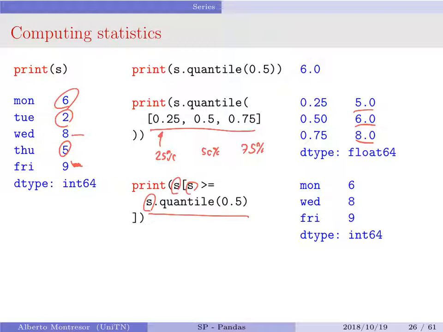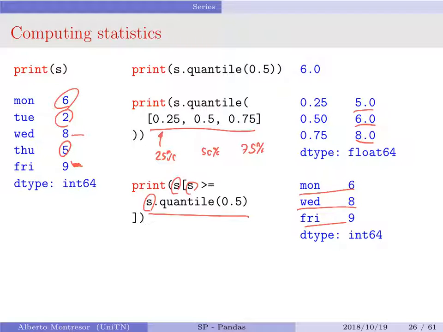Then I would like to extract all the values which are larger or equal than the median, so the second half, and this actually is not an extraction, it is a masking, it gives you true and false, and then you apply S a third time, and you take this true and false, and you get the elements in which you have values which are larger than the median. So you can apply very nice operators in this case.